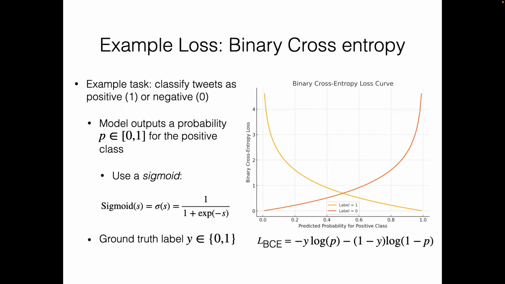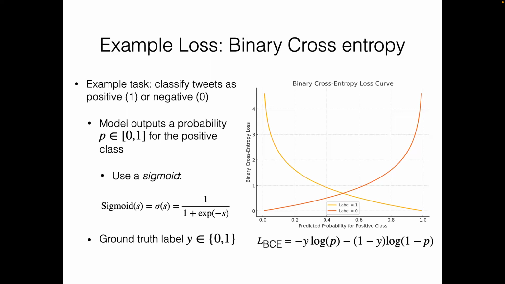So here we could see if the label is 1 and our model's already assigning some high probability, then the loss will be small. Here, if the model's predicting a small probability, then the loss will be high. So it'll encourage pushing the probability towards this 1 class.